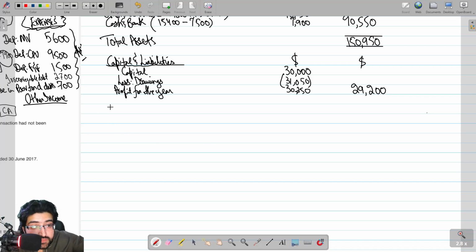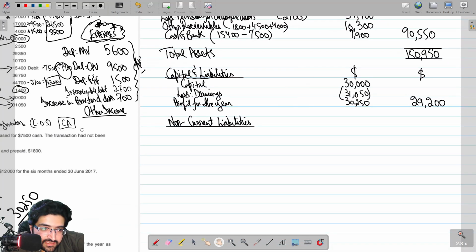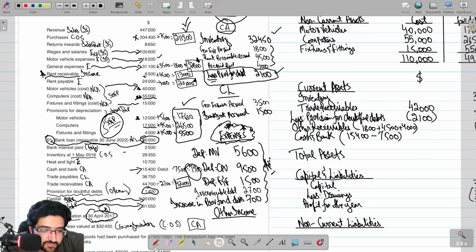Now, non-current liabilities. Next subheading. Okay, let's see, did we mark any non-current liability in the question? I remember we had one. Yes, this bank loan, NCL. Let me show this in red. This one, this is payable in 2022 and we are in 2017 right now, so it's a non-current liability.